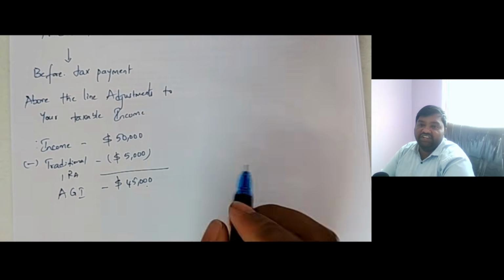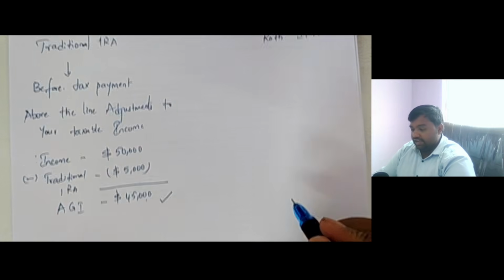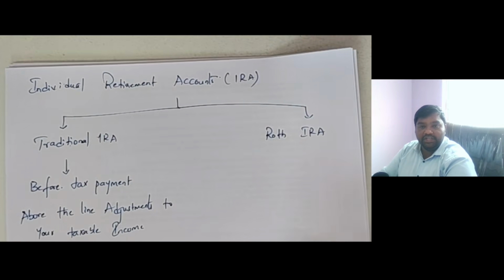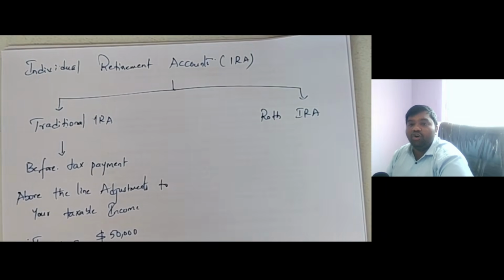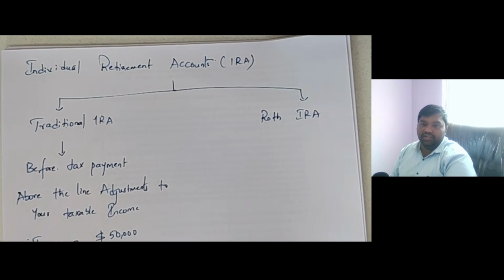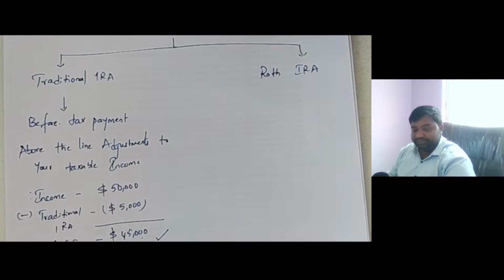On this AGI, after credits and all, you will pay the tax. So traditional IRA means you are contributing to the retirement account using your pre-tax dollars, dollars which are not taxed. So this is the example.